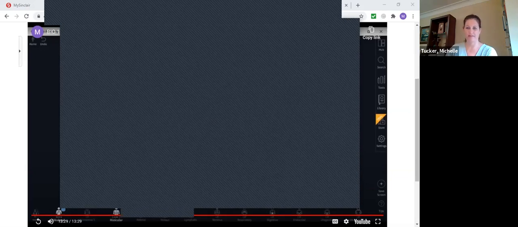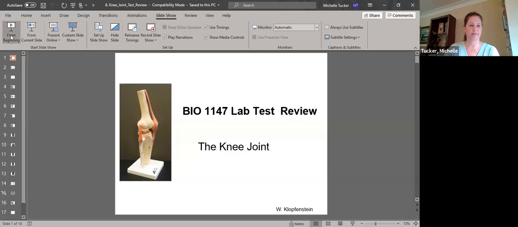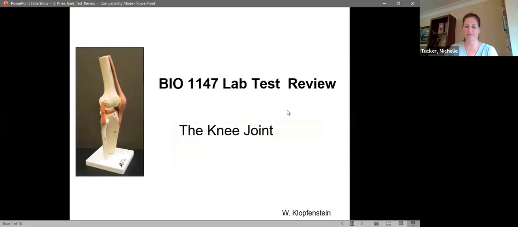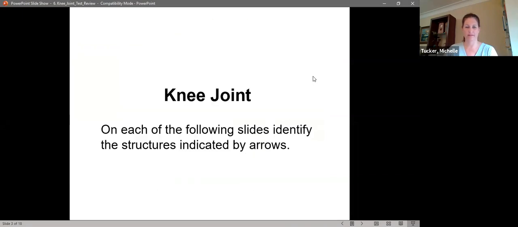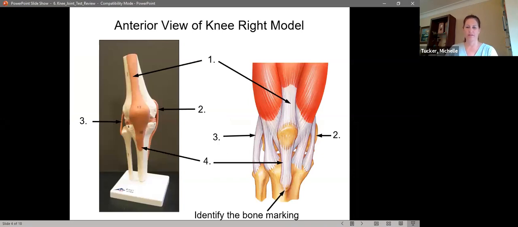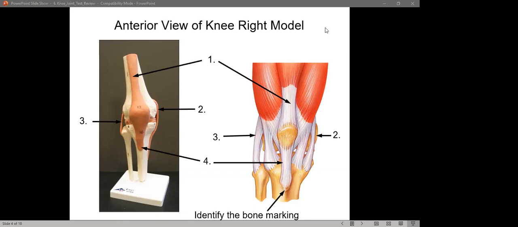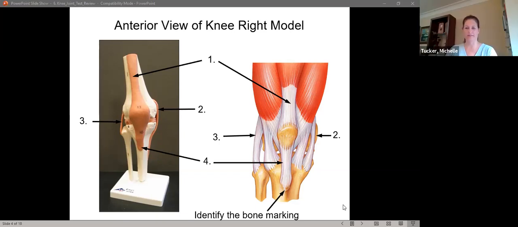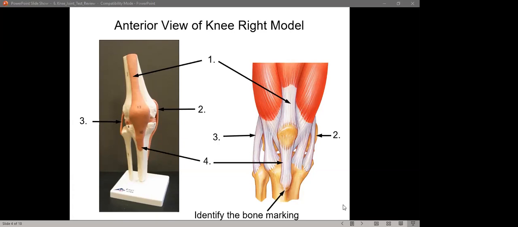Okay, so all we have left is our lab test review. So which number is the fibular collateral ligament? 3. Yep. And which is the tibial collateral ligament? 2.